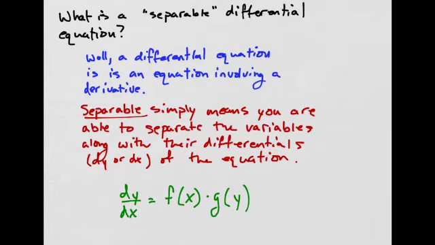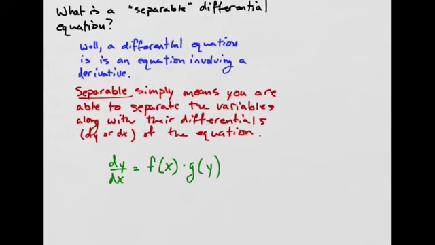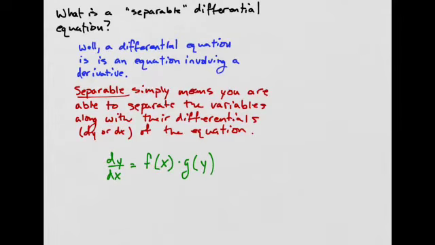Now, it doesn't look like it's separable. You might not see that it's separable from writing it like this, but if you can write an expression only involving x, times an expression only involving y, then you can actually separate the variables, and this is considered a separable differential equation.